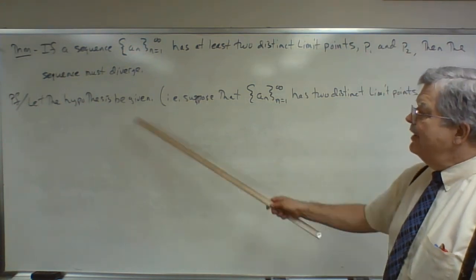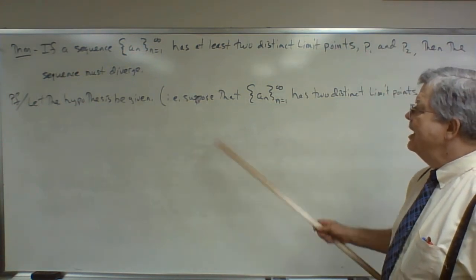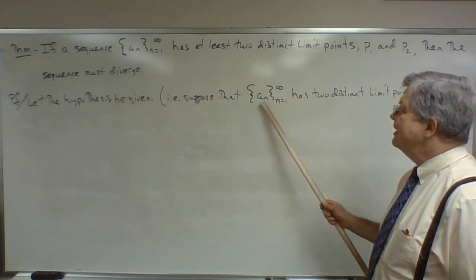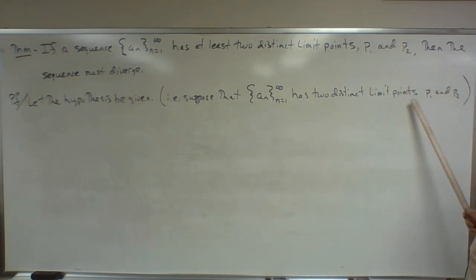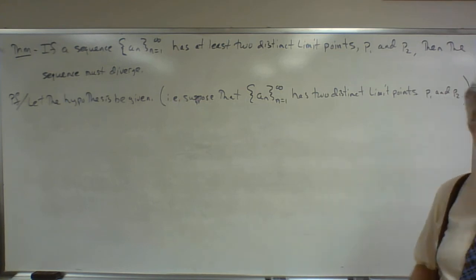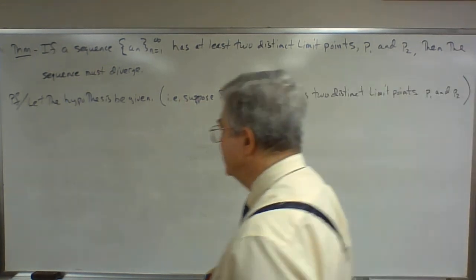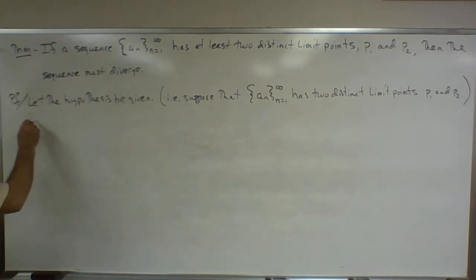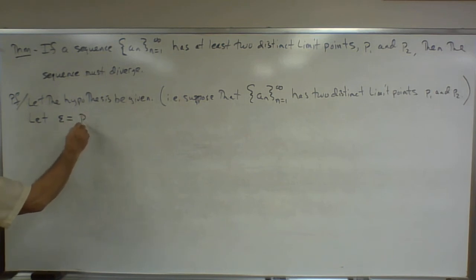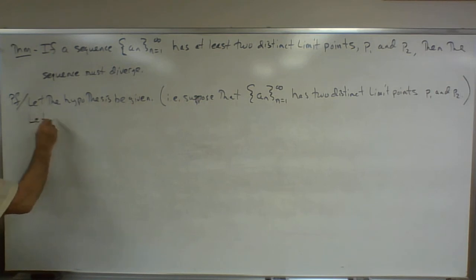And we'll prove that. Let the hypothesis be given, and suppose that the sequence has two distinct limit points, P1 and P2. Since they're not equal, we'll assume P2 is larger, and let epsilon equal the absolute value of P2 minus P1.